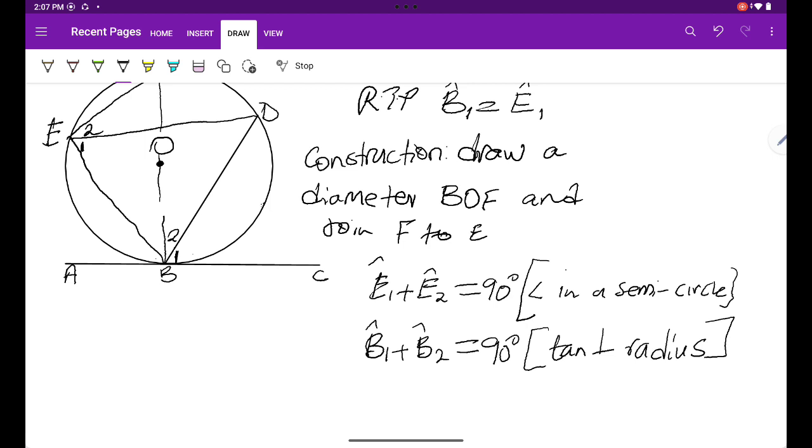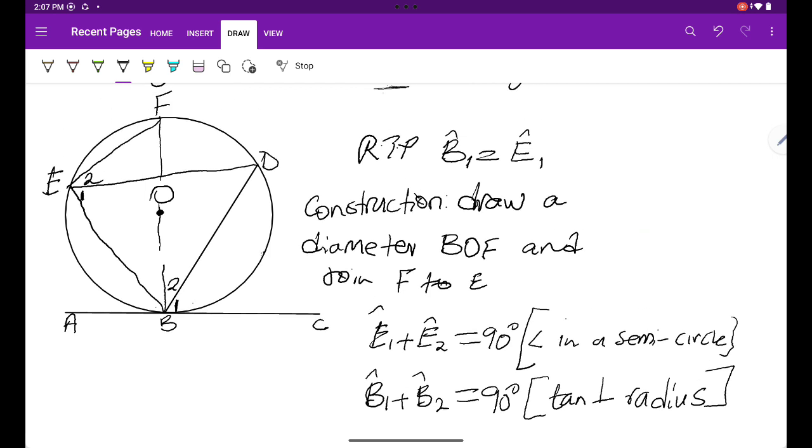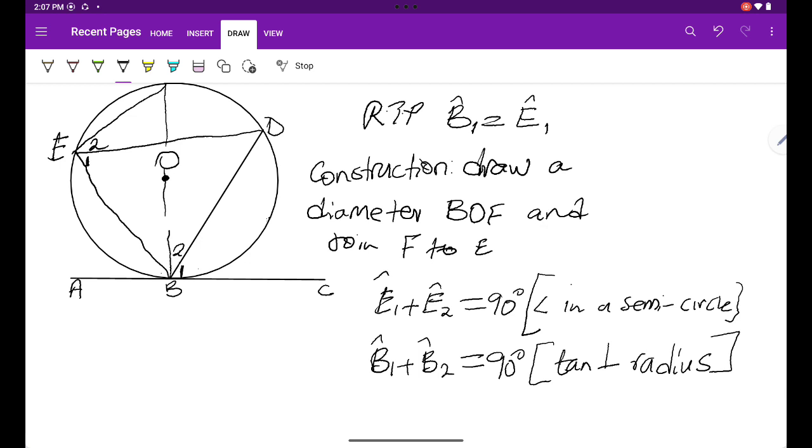But if we look at angle E2, angle E2 is actually equal to angle B2.